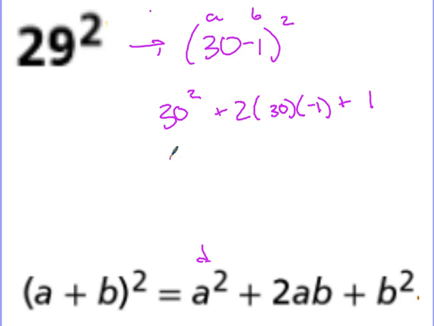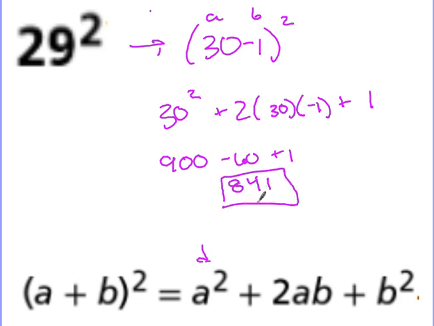So I know 30 squared is 900. 2 times 30 is 60 times negative 1 is negative 60 plus 1. Now you can do the simple math. 900 minus 60 is 840 plus 1, 841. So 29 squared is 841. Some people think this is easier. Some people would prefer just to do 29 times 29.